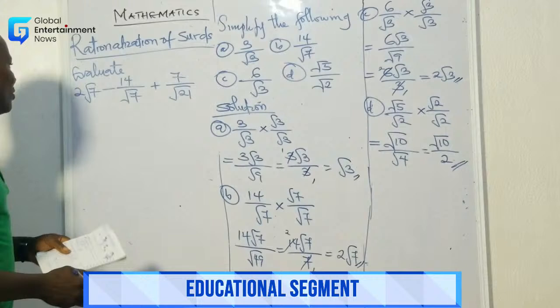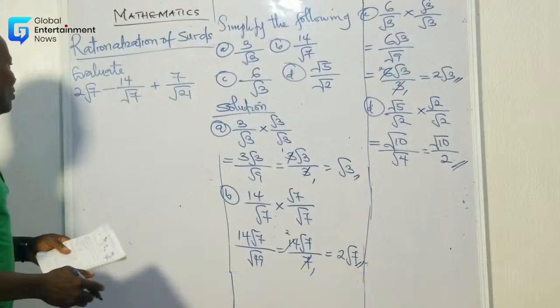Then we have plus 7 times root 21, 7 root 21 all over root 21 times root 21. That is root 441.